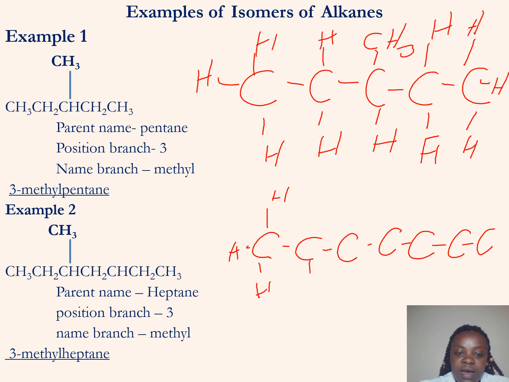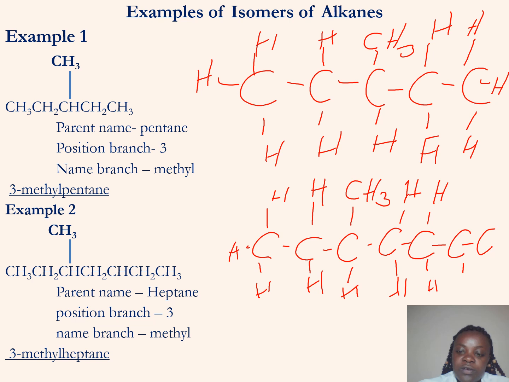The second one has 2. The third one has 1 and a branch of ethyl group. The fourth one has 2 hydrogens, 2 for the sixth, and 3 for the seventh carbon atom.